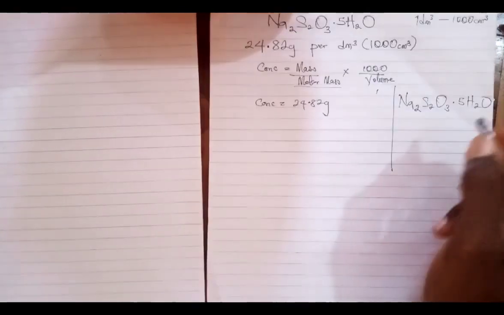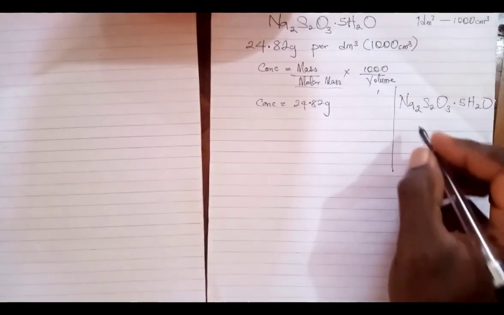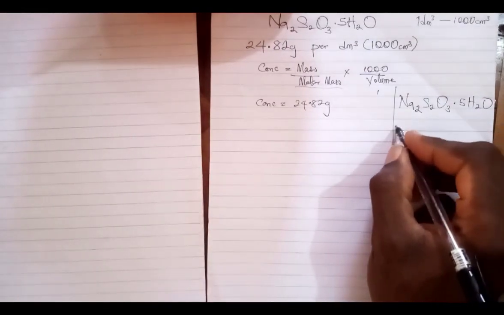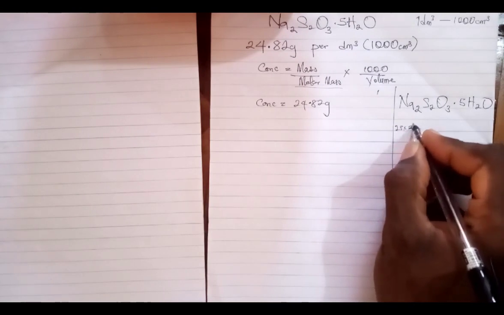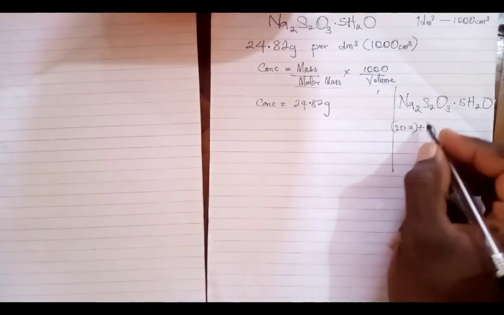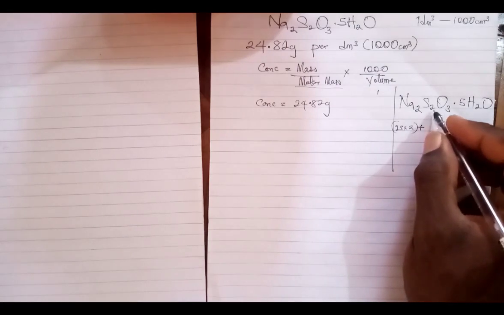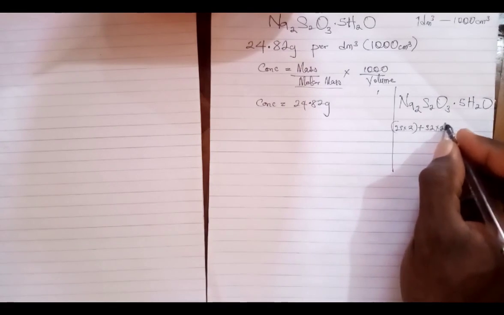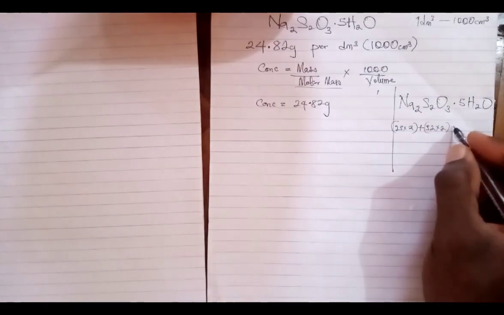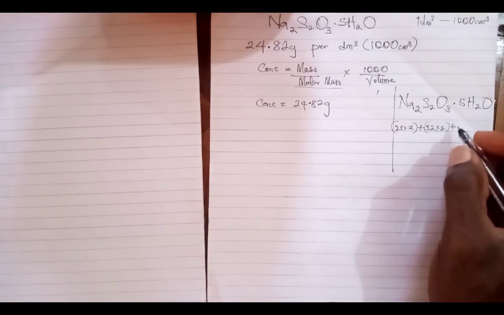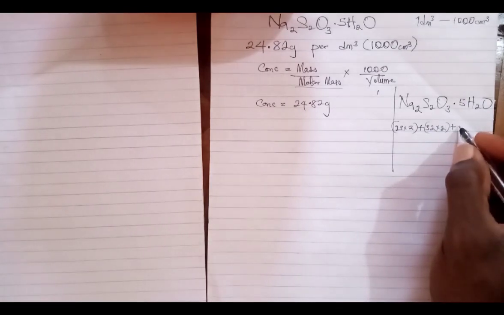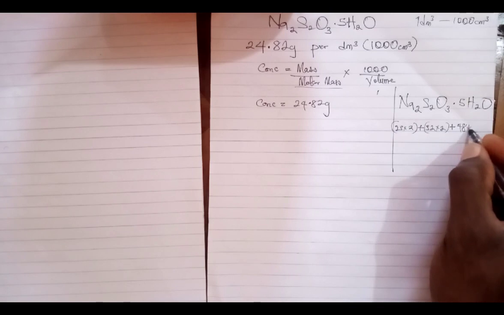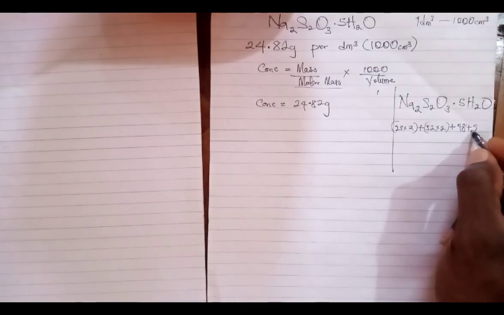Molar mass of sodium thiosulfate pentahydrate. The mass of sodium is 23, and we have 2 of it, so 23 times 2, plus the mass of sulfur is 32, and we have 2 of it, so 32 times 2, plus the mass of oxygen is 16 times 3, which gives you 48, plus 5 times water.